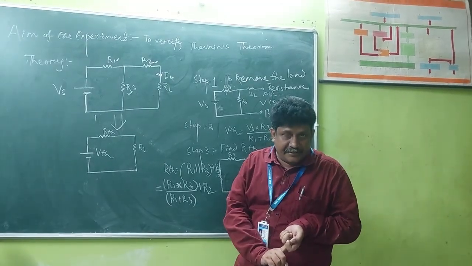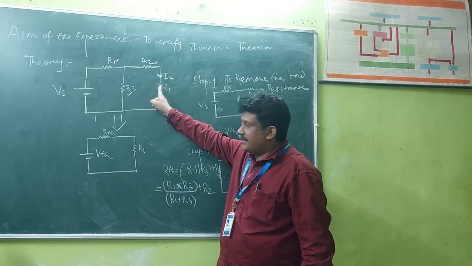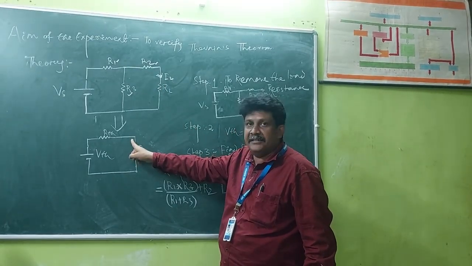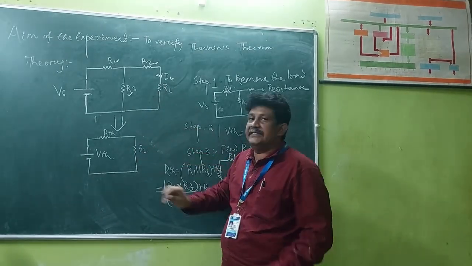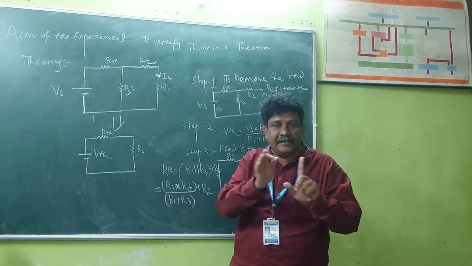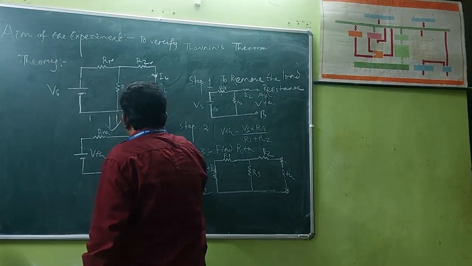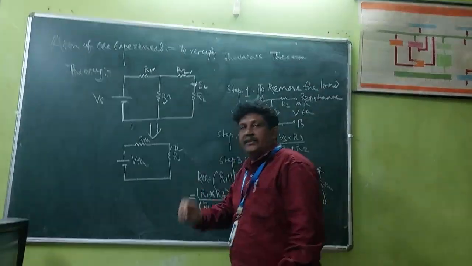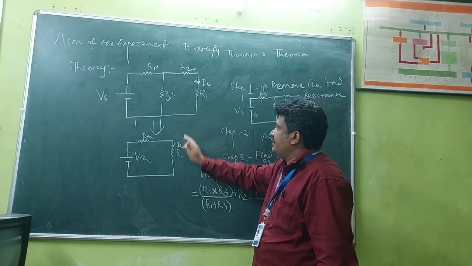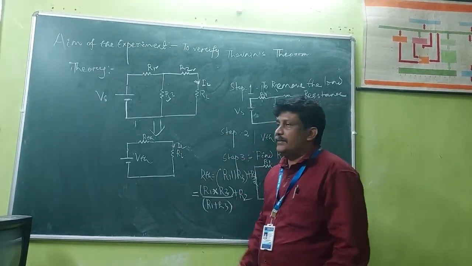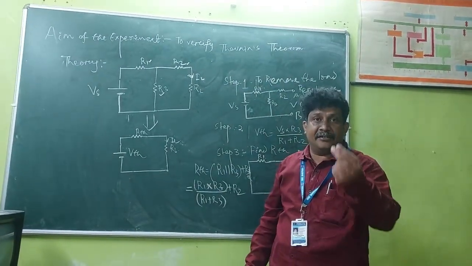What we have to see is whether the value of load current is the same in both the initial circuit and the Thevenin circuit. If this IL equals this IL, then this is known as the verification of Thevenin's theorem.